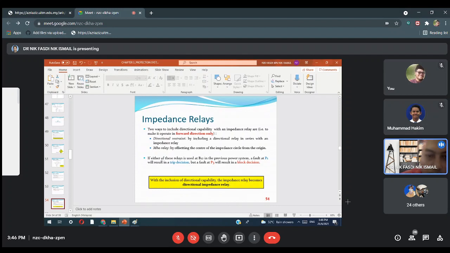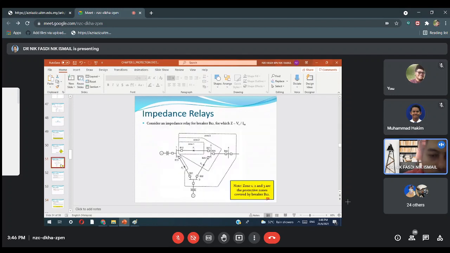Alright. If either of these relays is used at B12 in the previous power system, a fault at P1 will result in a trip decision, but a fault at P3 will result in a block decision. What does it mean here? If we look, let's say B12 has a combination with a directional relay. One uses the impedance relay, the other combines with the directional relay.